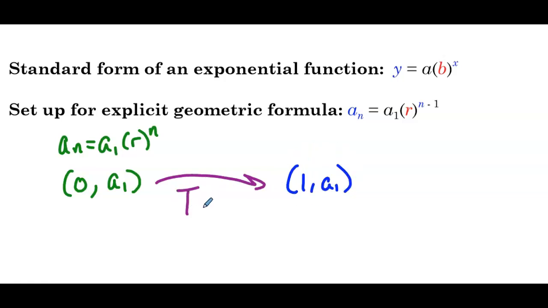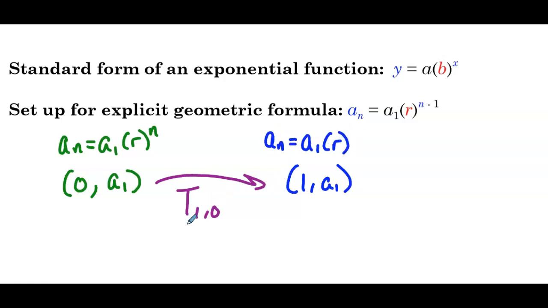How are we going to do that? A translation of 1, 0 would accomplish that. If we add 1 to the x value, which in this case is the n value working with sequences, we would move this point to be the correct point at 1, a sub 1. Now, what effect would that have on the formula? We'd have a sub n equals a sub 1 times r.